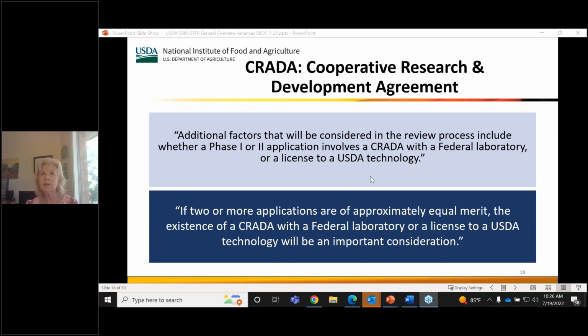And the other thing I wanted to say about credit agreements is that you actually get the use of the lab facilities at no cost to you. So you have a lab, you have their equipment. The only thing is, if you need a piece of equipment that lab does not have, then you would be responsible for buying it. But it's a great advantage to be able to have that lab.